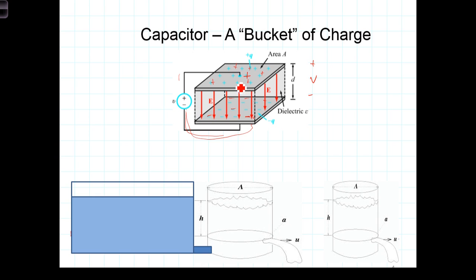Effectively what we've done is we've placed a bunch of positively charged particles on this plate and a bunch of negatively charged particles on this plate. In effect, the capacitor is something like a storage compartment for charge. It's something like a bucket is for water. We'll talk about that in just a second.